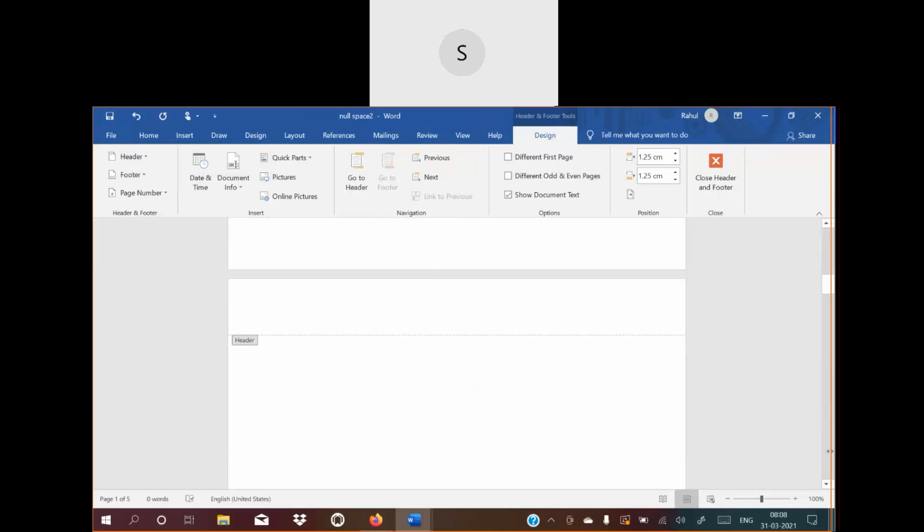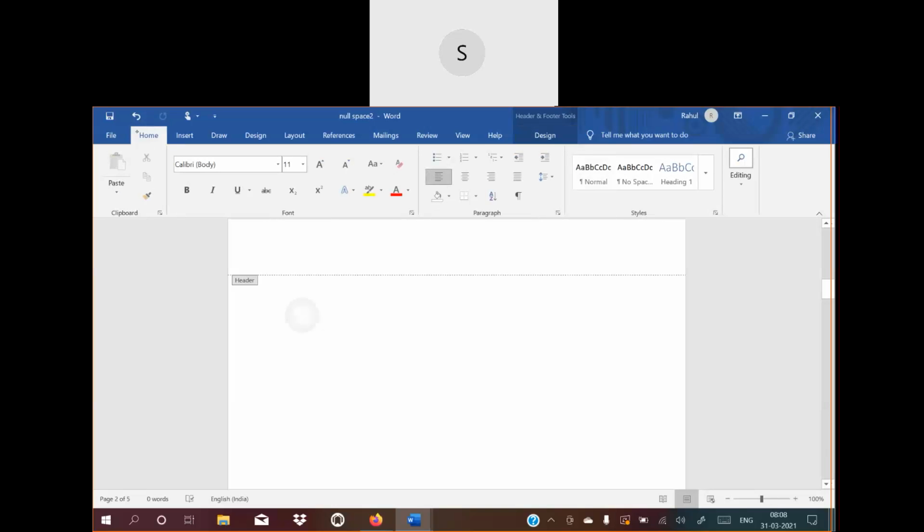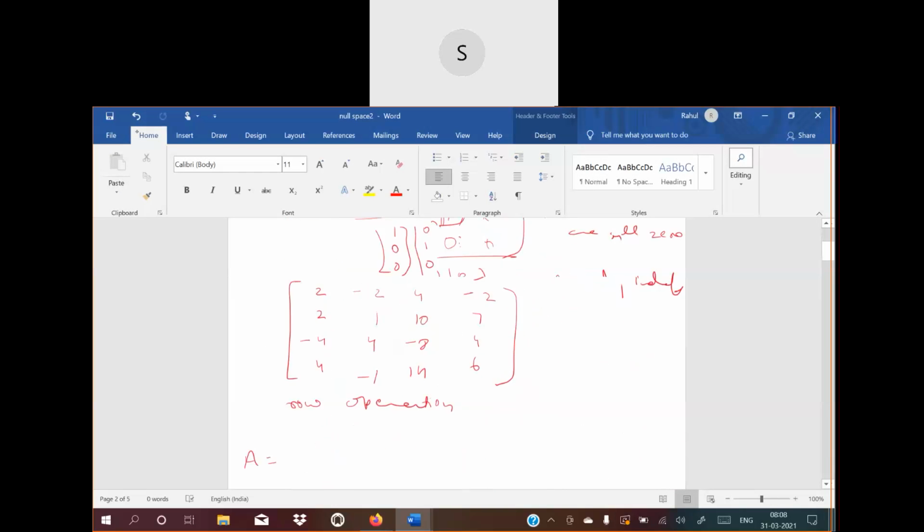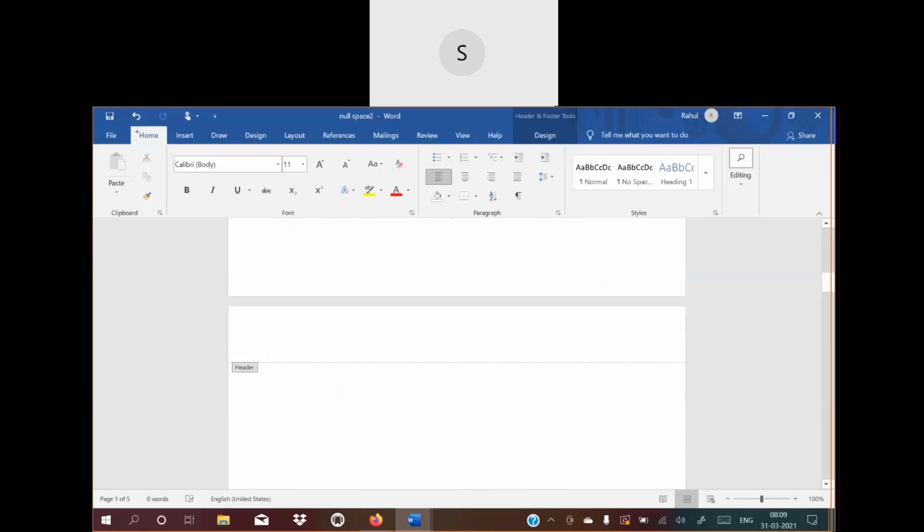So doing this we can reduce it to row echelon form, which is this: 1 0 0 0, 0 1 0 0, 4 2 0 0, 0 0 1 0.